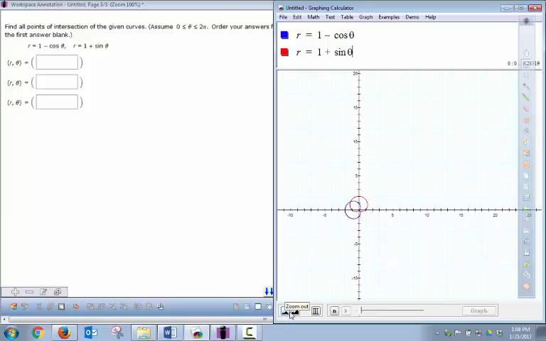The graphs look really weird, so I should change it to radians. That was like a solid. It should be in radians. Okay. Weird. Maybe I messed up.